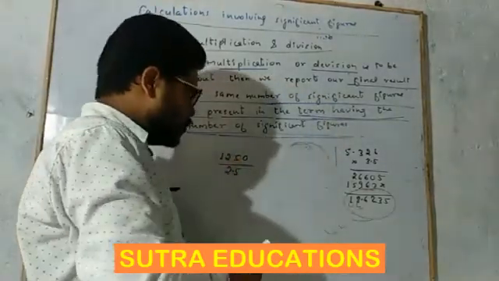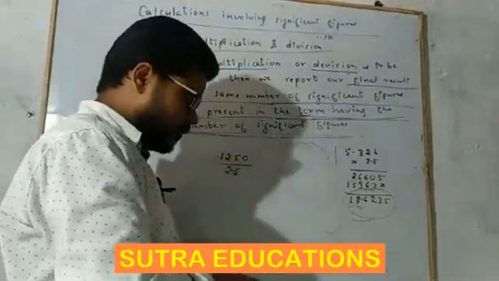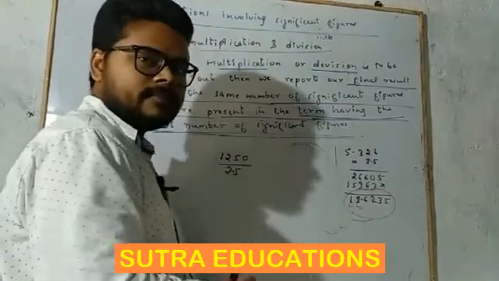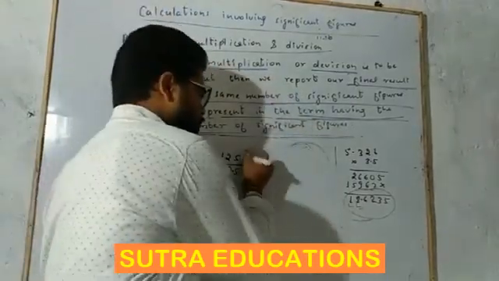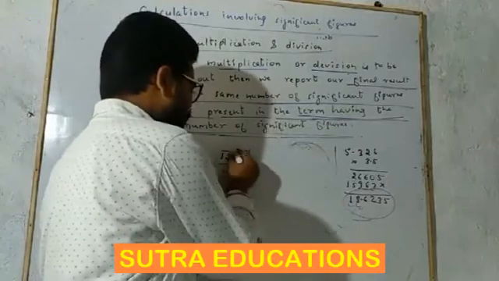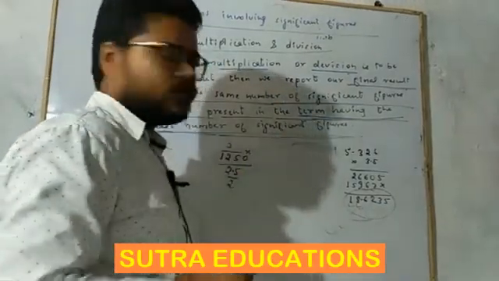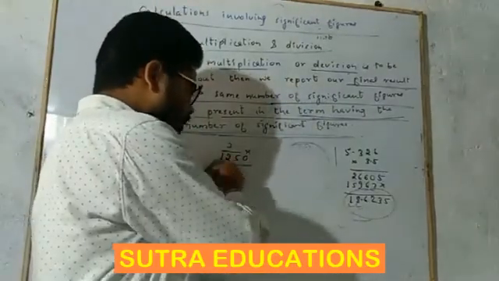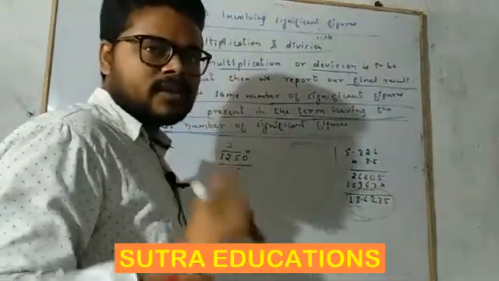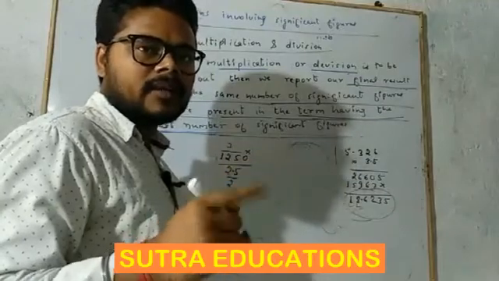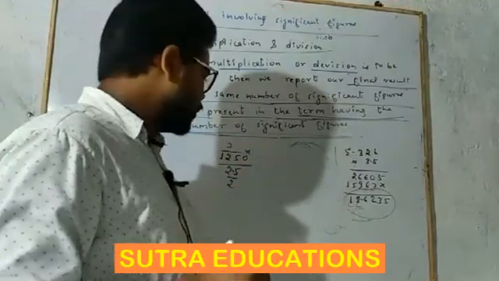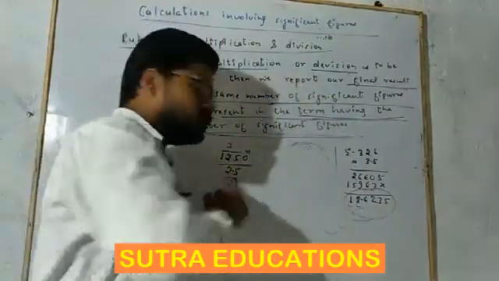In 1250 there are 3 significant figures; the last zero is not a significant figure. And in 25 there are 2 significant figures. So the term having the least number of significant figures has 2, which means in our final answer we will report up to 2 significant figures.